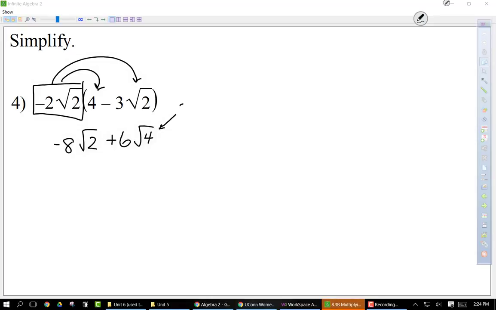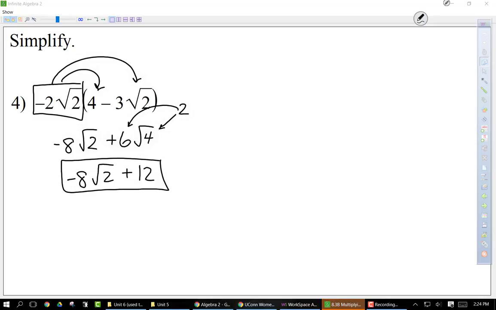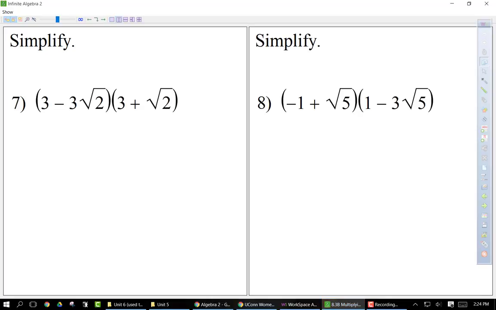Well, what is root 4? That's just a 2, so that kicks out with the 6. So it's negative 8 root 2 plus 12. 6 times 2 is 12. Remember that the roots multiply with other roots, and the coefficients multiply with the coefficients. Coefficients with coefficients, roots with roots. Don't intermix the two.